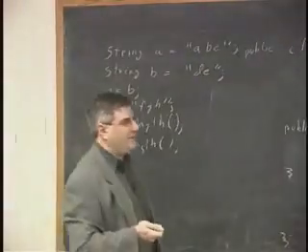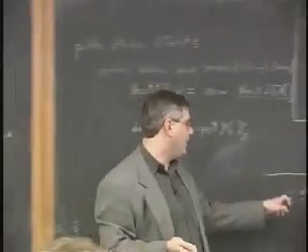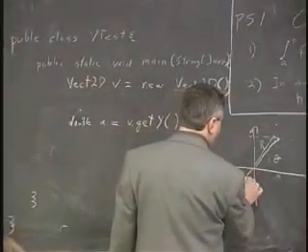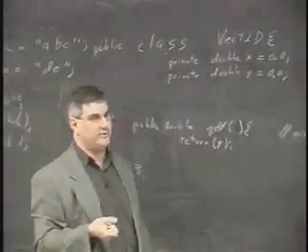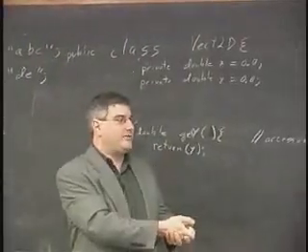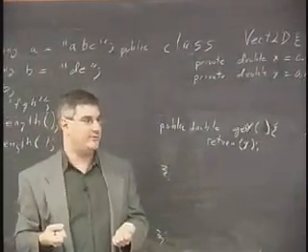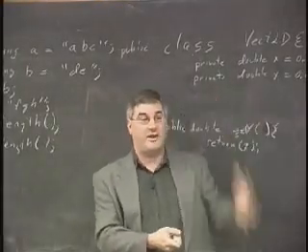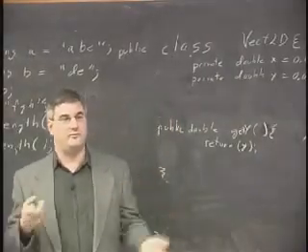The disadvantage is that every time you want to do a new operation, say you wanted to normalize this vector to point in the same direction but be of length 1, that's an operation which you could conceive of doing two ways. You could either have a normalize operation which you call on a vector, and it gives you a new vector back, which is the normalized version of that vector. Or you can have a normalize operation which just changes that vector to one that's of unit length. Two different implementation choices.